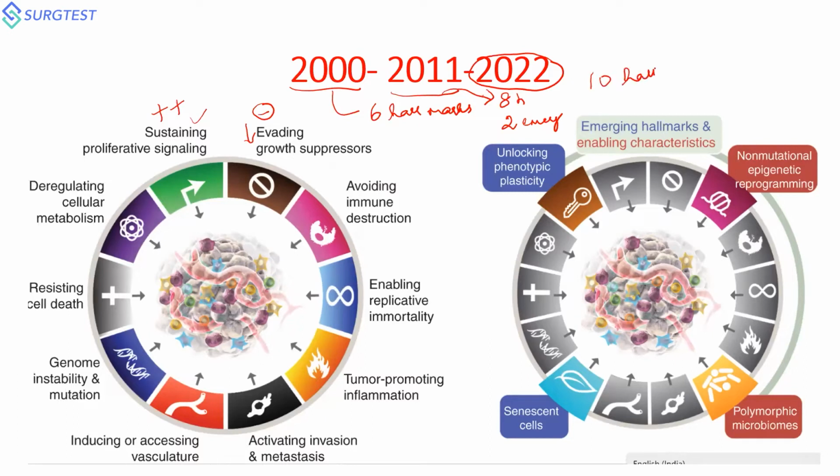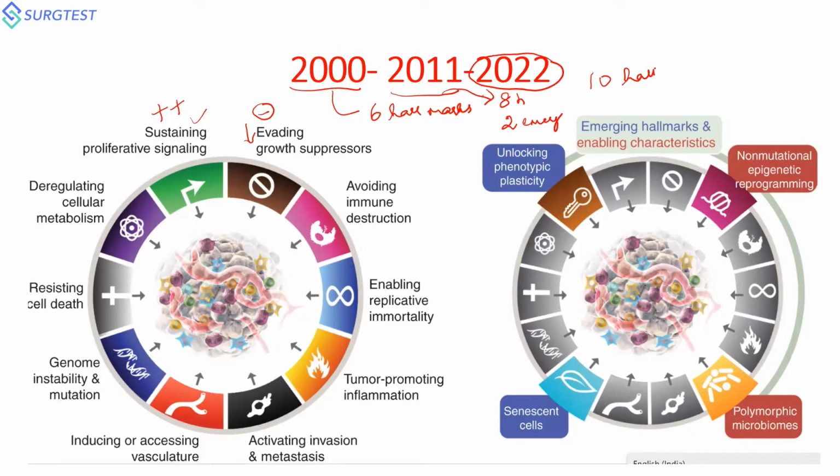So when somebody had asked me in probably 2018 or 2019, when I appeared for my entrance examinations, I would have said 8 hallmarks of malignancy and the MCQ would have been right. But now there are 10 hallmarks of cancer, which we will individually be discussing each and every one of in the forthcoming slides.